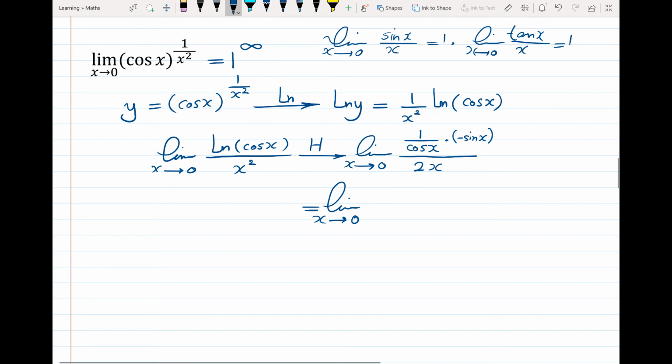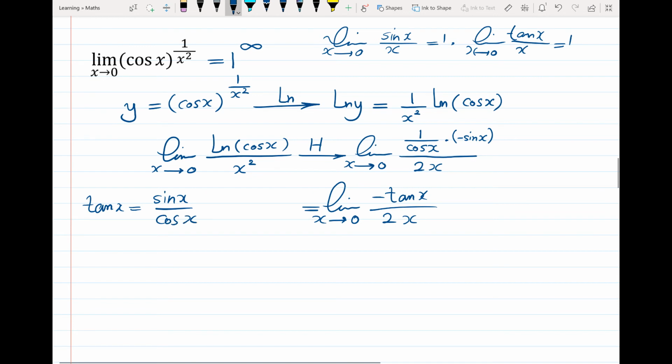First, we rewrite sine of x over cosine of x as tangent of x, so the numerator becomes negative tangent of x over 2x. We have a negative on top, and sine of x over cosine of x is tangent of x. We have this relation in trigonometry: tangent of x is sine of x over cosine of x.